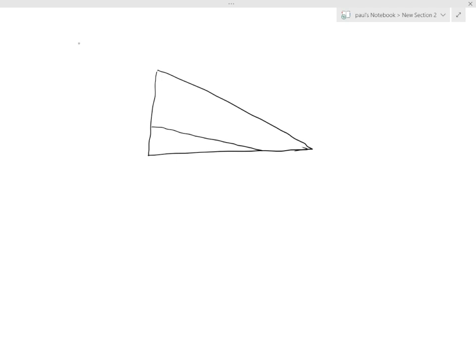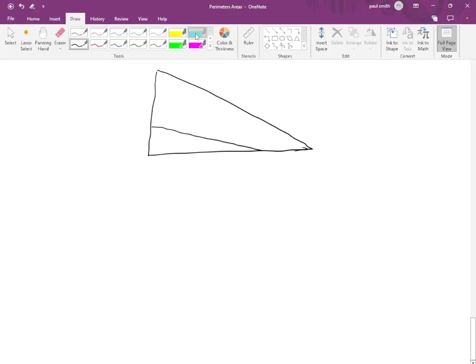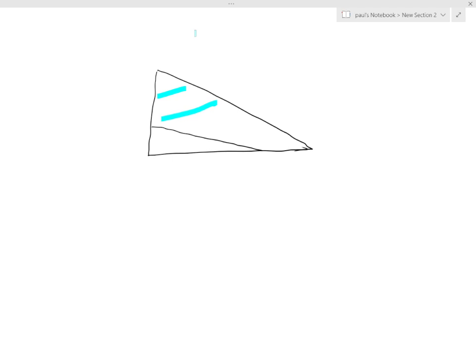So the sloping lines are not parallel to each other. And we've now been charged with the task of working out the area of that. I'll put some numbers in so we've got a chance. 6 and 3 and 8 and 2.